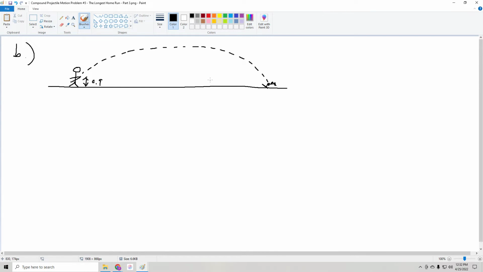There is a fence, we're told, that's 3 meters high. Okay, so 3 meters. 3.0 meters. And it's 116 meters away.